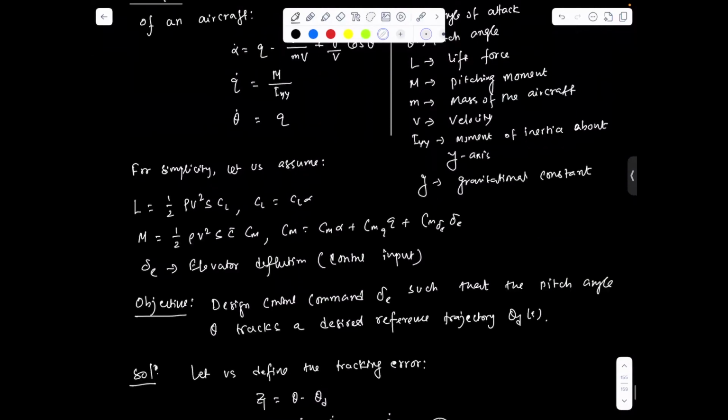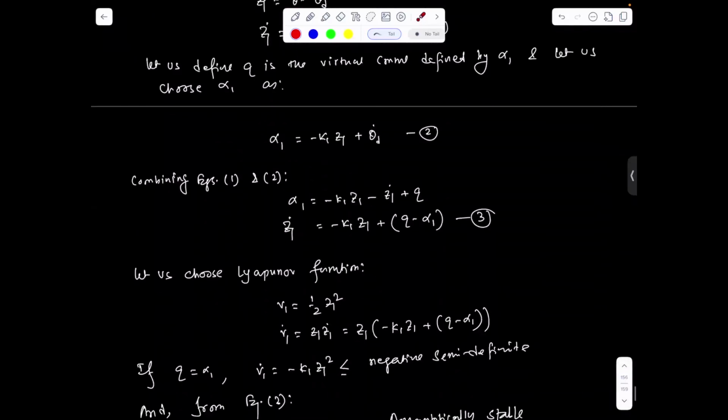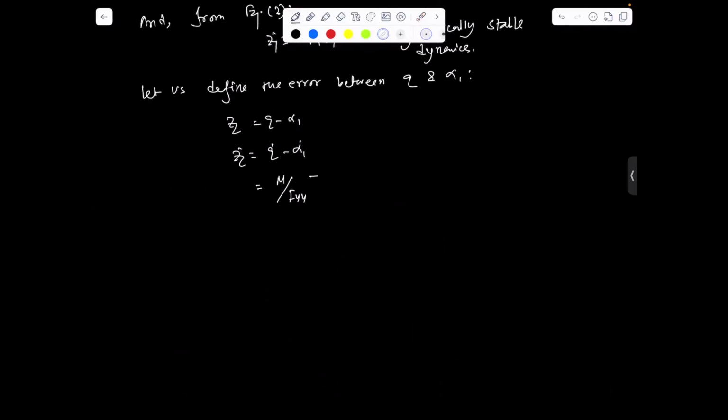We have this equation, so we can use it there, minus alpha 1 dot.